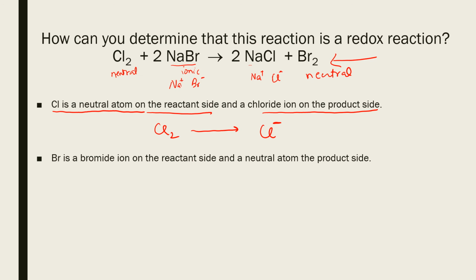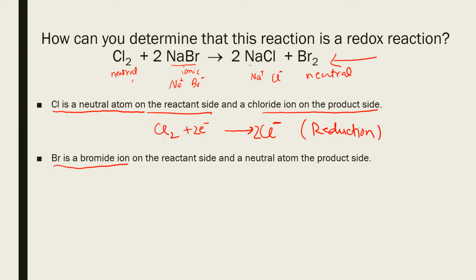The only way this is possible is if it gains electrons. Now we have two of them, so to balance it, we need two here and two here. So chlorine goes from neutral to Cl negative, so it must gain electrons, and if a species gains an electron, that process is a reduction reaction. Therefore, chlorine is undergoing reduction.